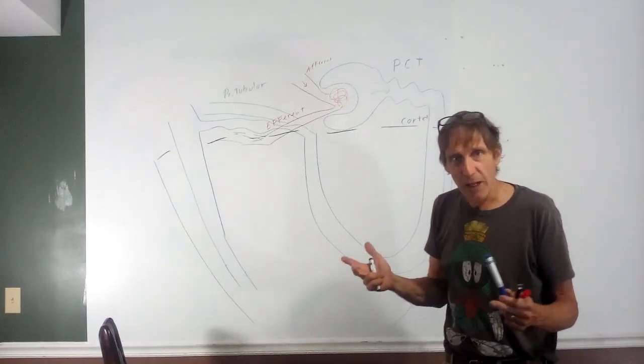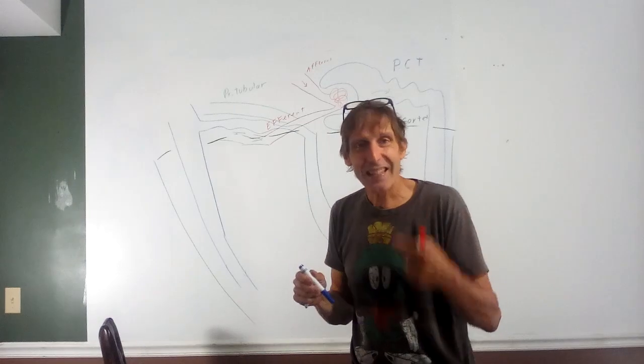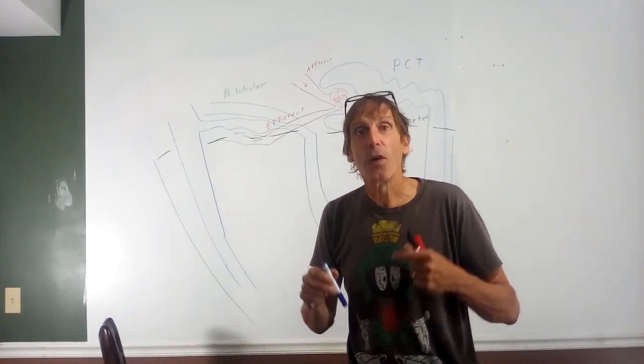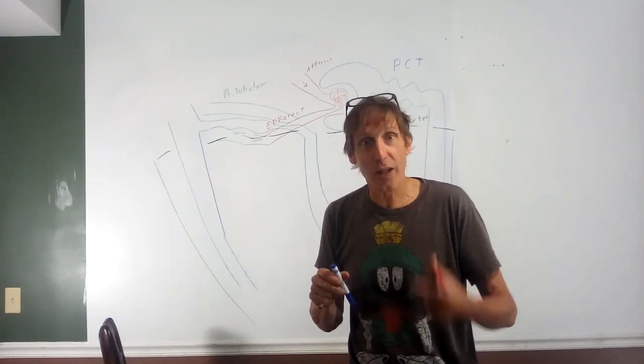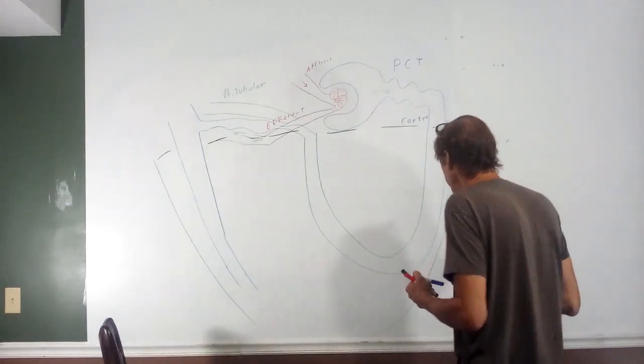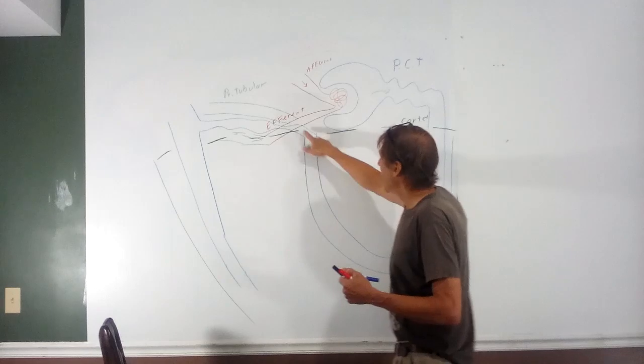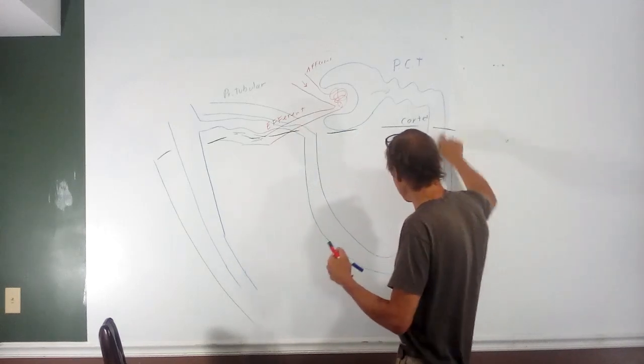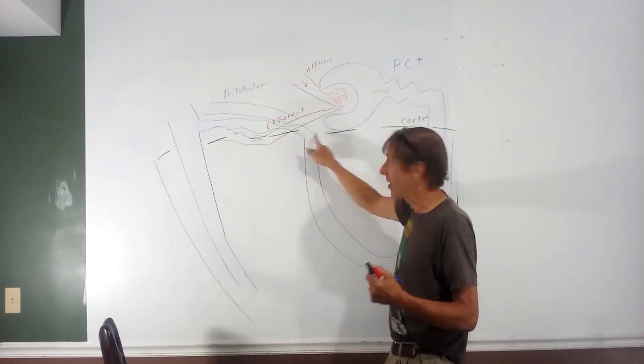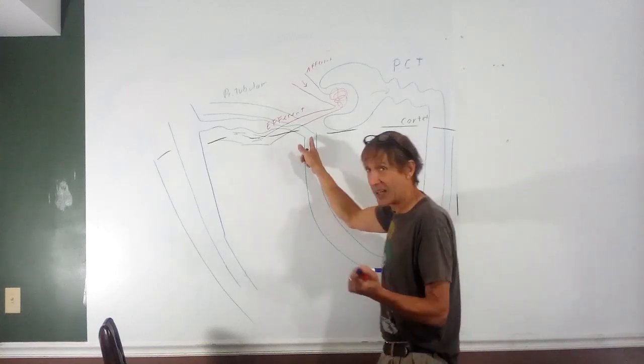They're called juxtamedullary nephrons. As we'll see, that loop of Henle is necessary to allow you to create a concentrated or hypertonic urine. So you've got the proximal convoluted tubule, loop of Henle. Then the loop of Henle has a descending and an ascending limb, because fluid's going down here and up here, kind of intuitive.